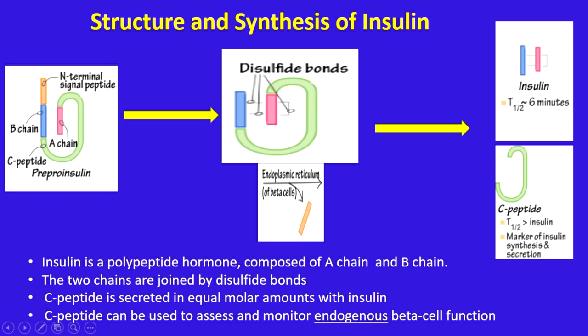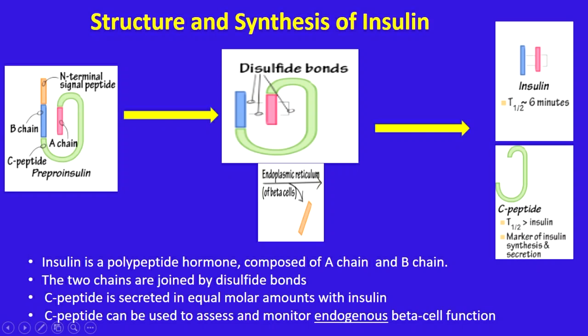The portion left is the A chain and the B chain, sometimes called alpha chain and beta chain, and they are still connected by the C-peptide. But that structure is not stable yet, so disulfide bonds are added in the endoplasmic reticulum. Now the insulin is ready to be released.